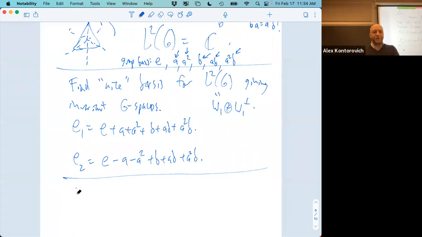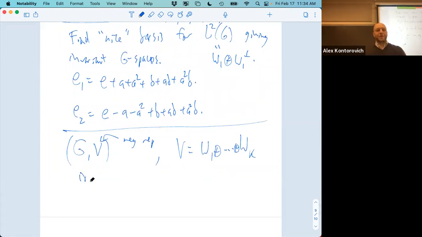If G acts on V, the regular representation, and V decomposes into irreducible representations, with multiplicities, certainly not necessarily non-isomorphic, there might be multiple copies of the same representation.